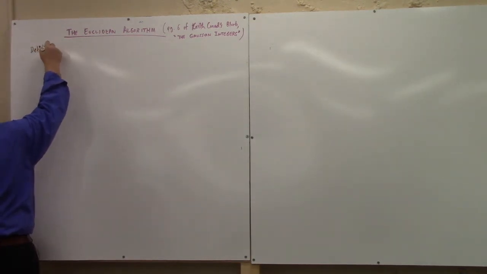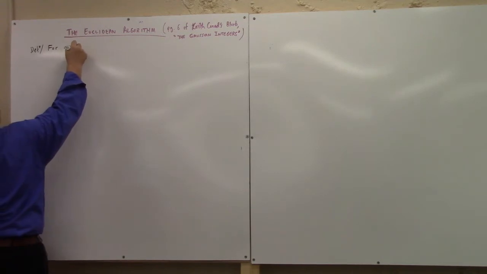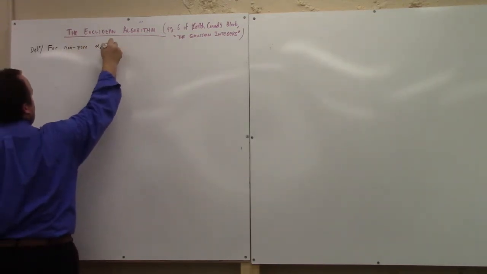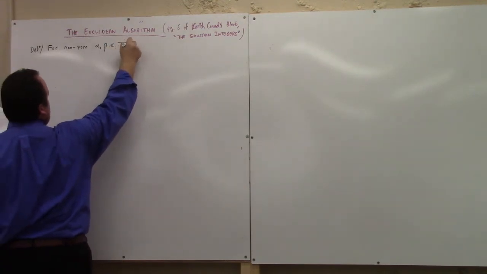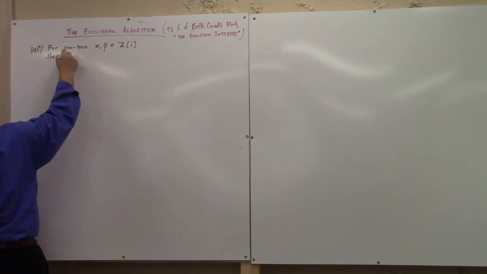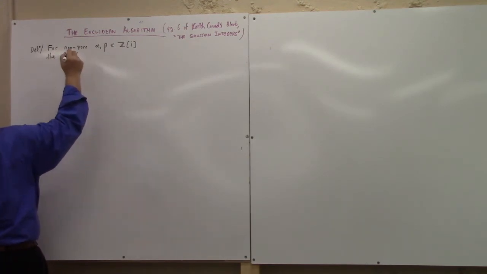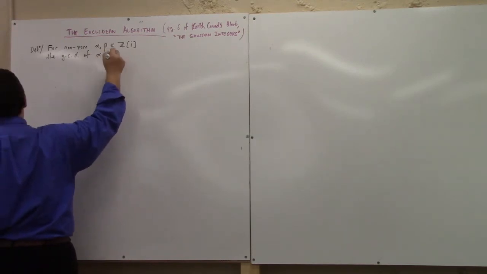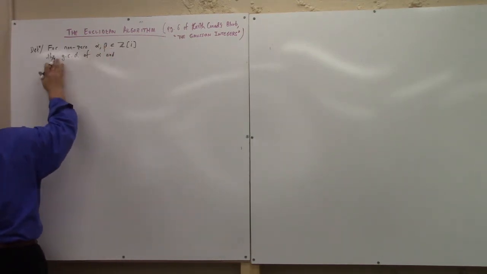For non-zero alpha and beta in the Gaussian integers, the greatest common divisor, which I'll abbreviate as GCD, of alpha and beta. And did I just say "the"? I shouldn't say "the".